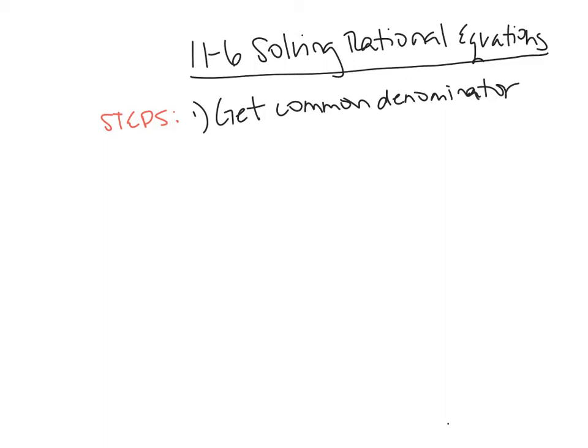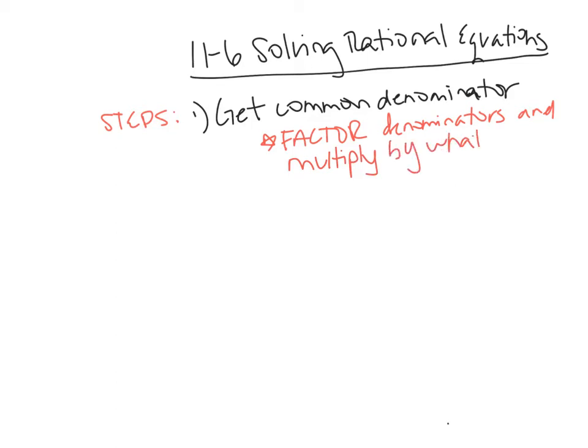What you're going to do is factor denominators and multiply by what is missing. Okay, so step one, get a common denominator.